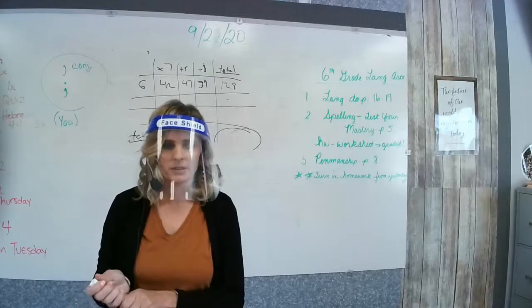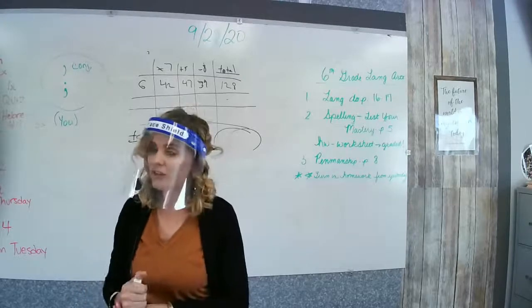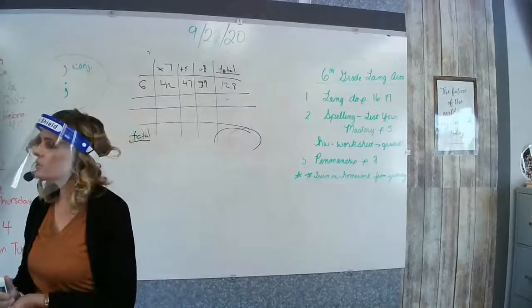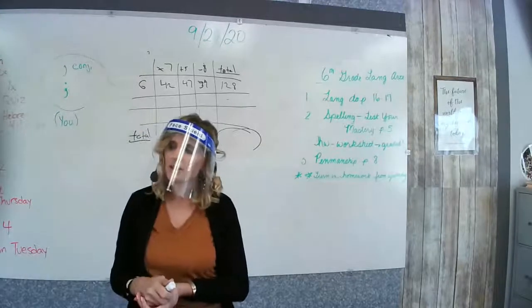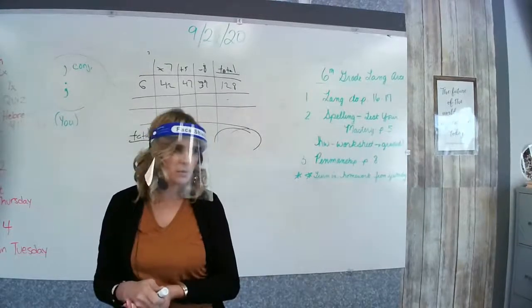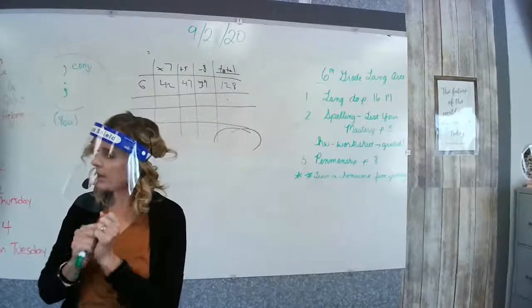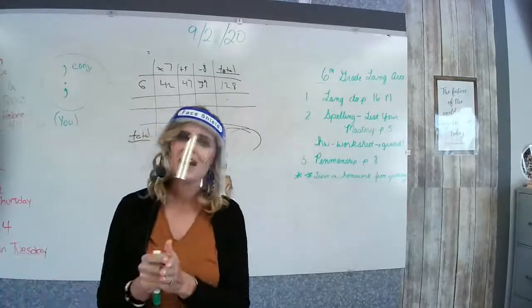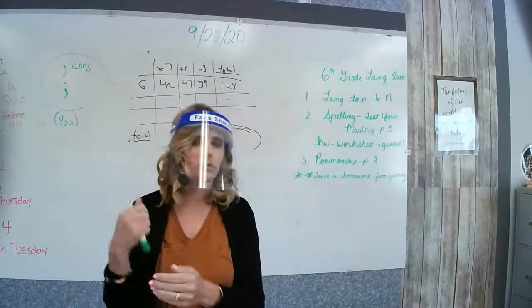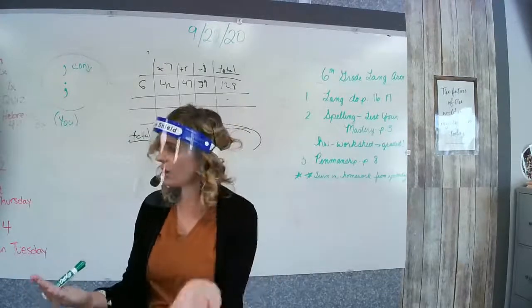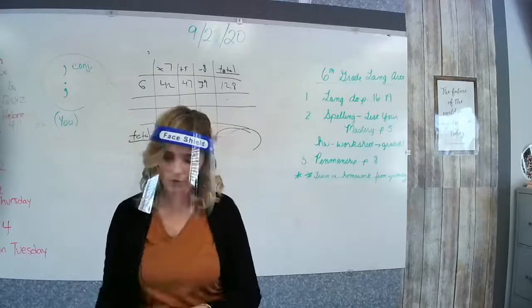Olive? When it has a helping verb. Very good, Olive. Okay, so swimming. I went swimming today. She was swimming. If we have a helper, was swimming, we need to include that helper, was swimming. That is a verb phrase. When you include the action verb plus the helper, make sure you know what a verb phrase is.